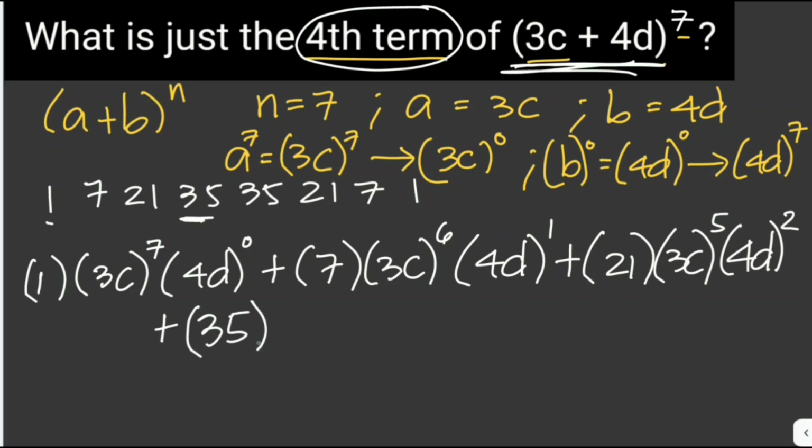The fourth term is 35 times 3c to the fourth times 4d cubed.